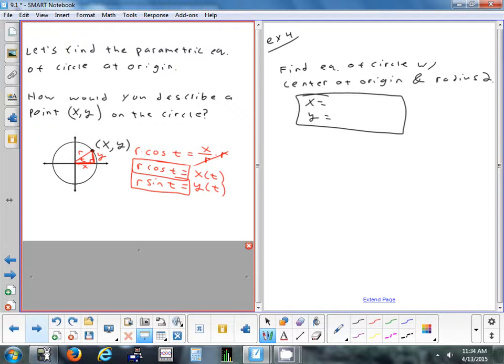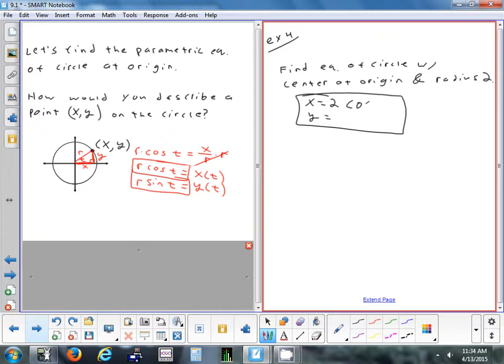So you're using those two formulas from the left-hand side. James? 2 cosine t. And what about for y? 2 sine t.